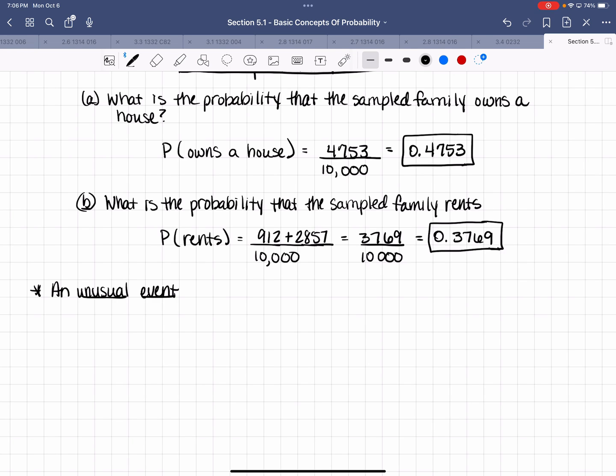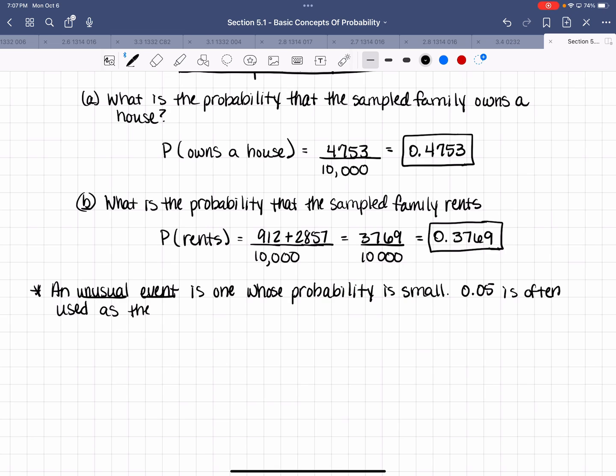An unusual event is one whose probability is small. 0.05 is often used as the cutoff. Because, guys, that's 5%. Okay?